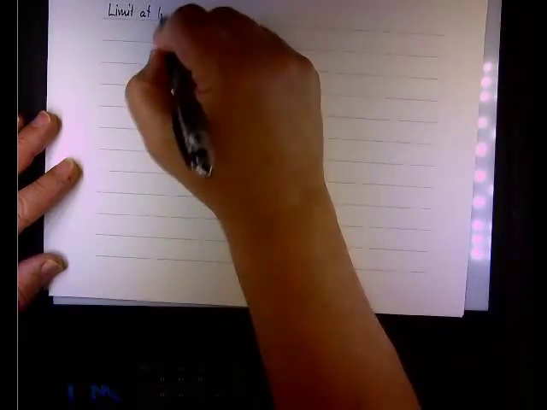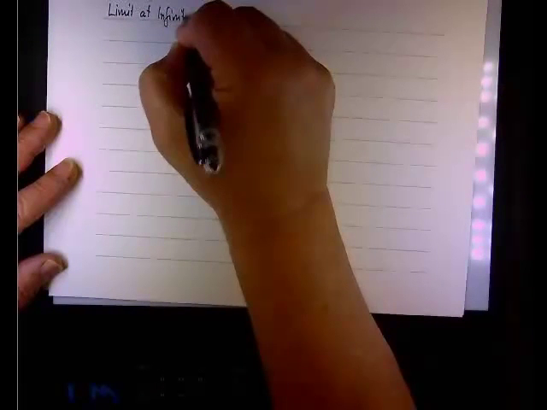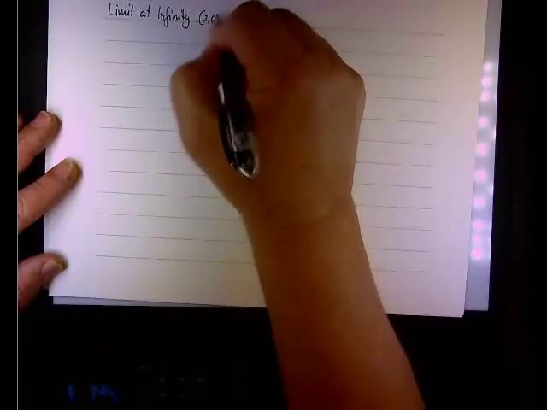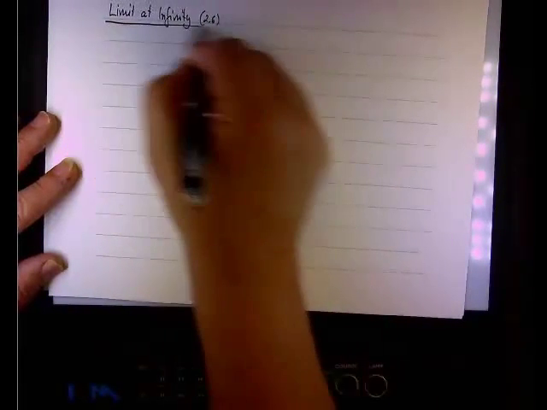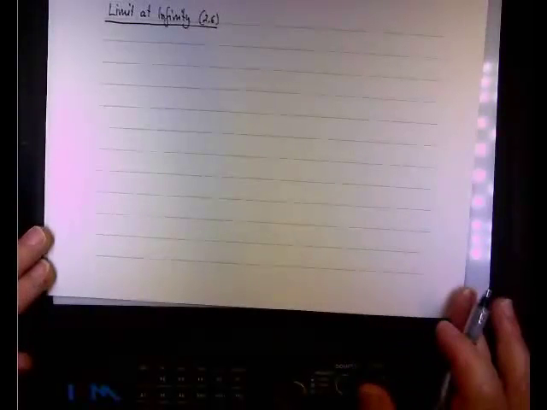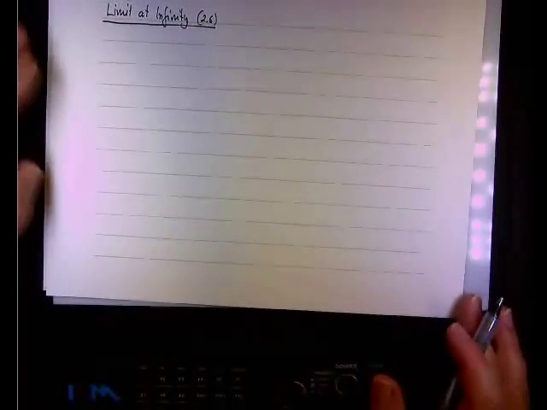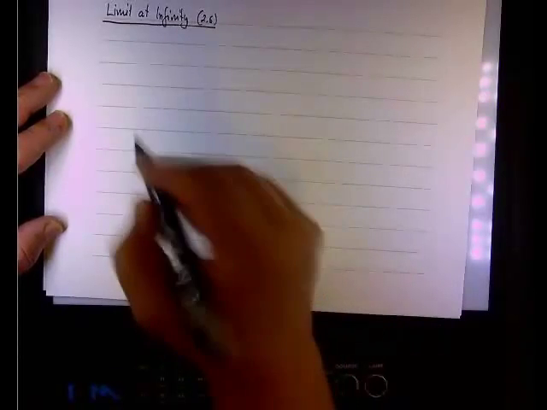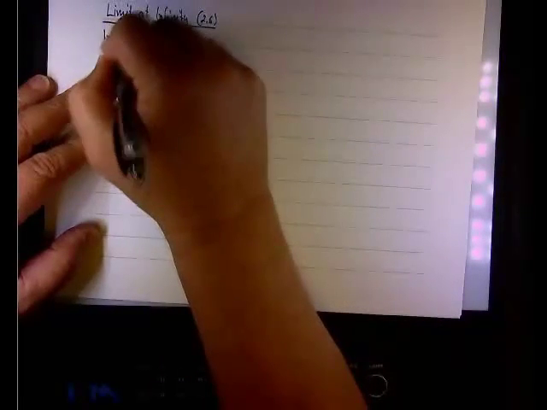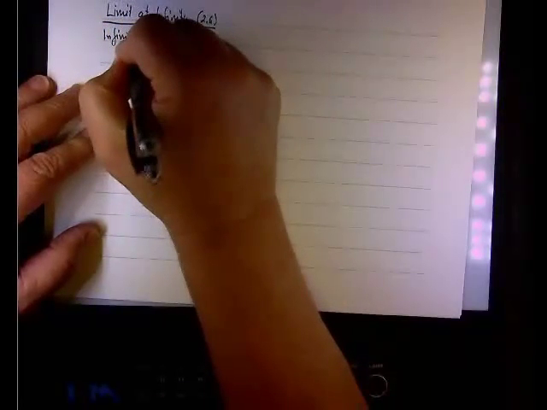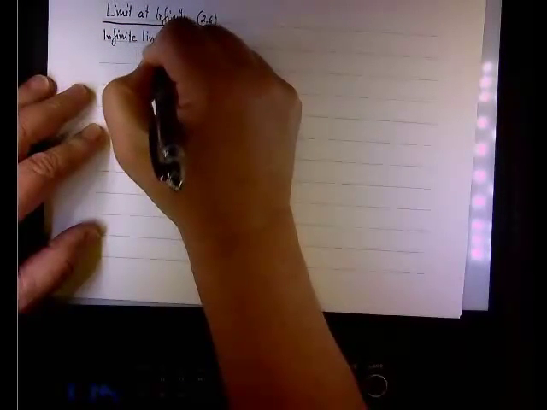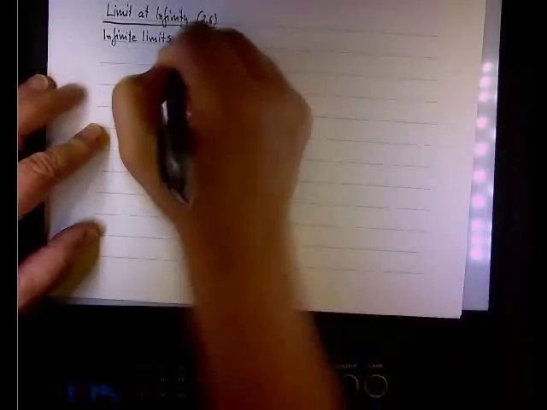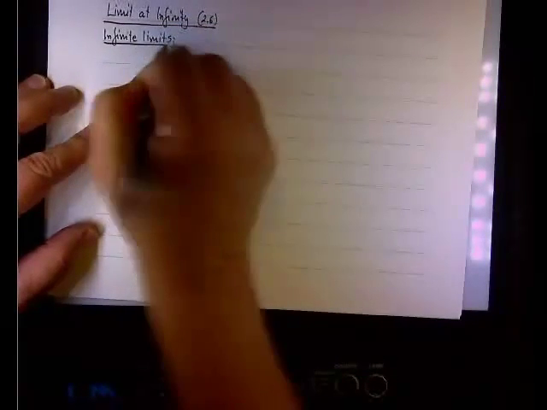So, limits at infinity. Let's look at the difference between infinite limits and limits at infinity. Infinite limits are the following. We saw that earlier in the semester.